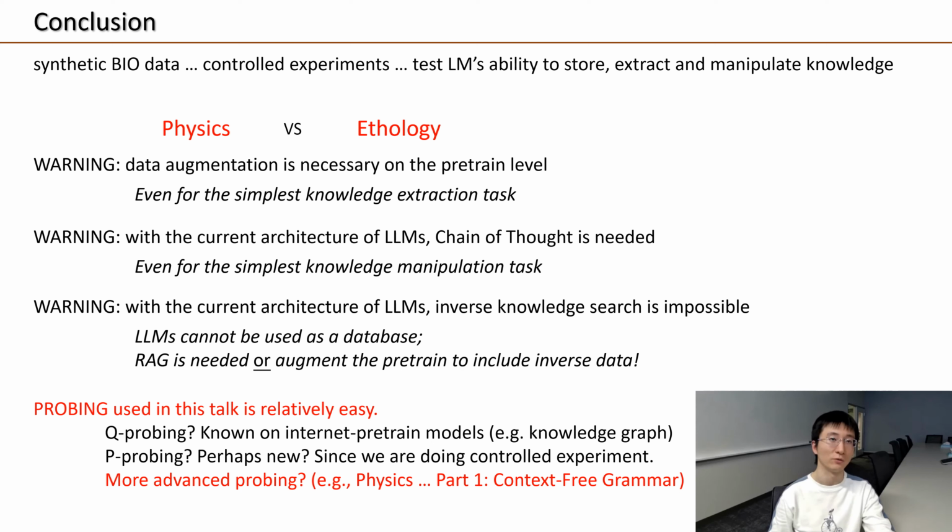So Q probing is not really new, but P probing, the positional-based probing, is perhaps new, because we're doing controlled experiments, so we know precisely what the pre-trained data is, so we can directly feed the pre-trained data into the model to see where exactly the knowledge is stored. Like, is it early in the sentence or later in the sentence? This is, I think, one of the good reasons to use controlled experiments, so we can do probing more carefully. But in any case, the probing in this talk is still quite easy.